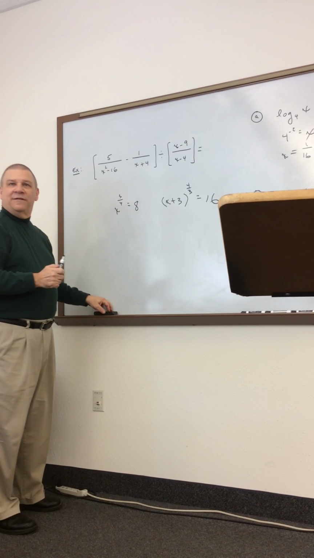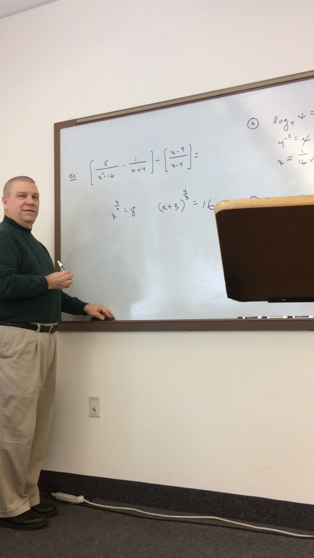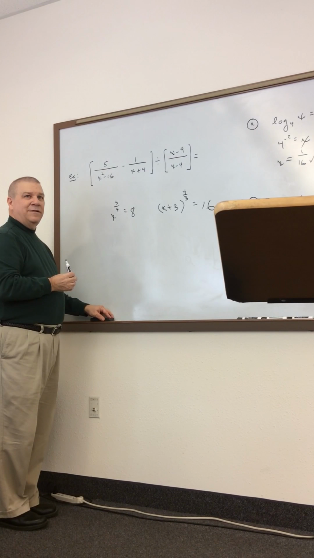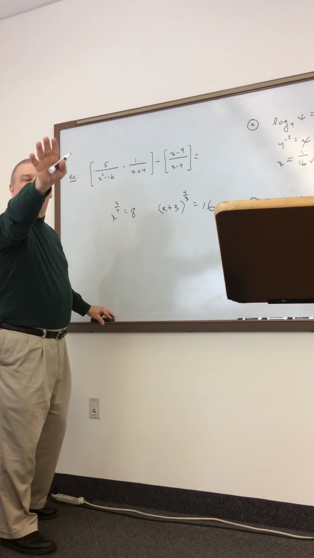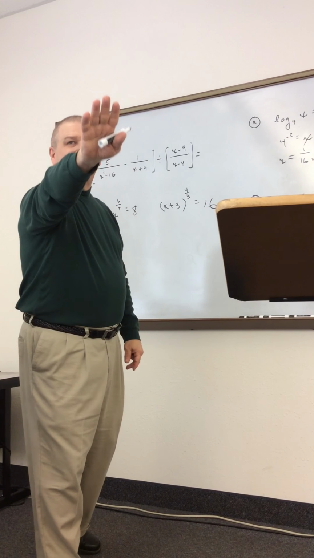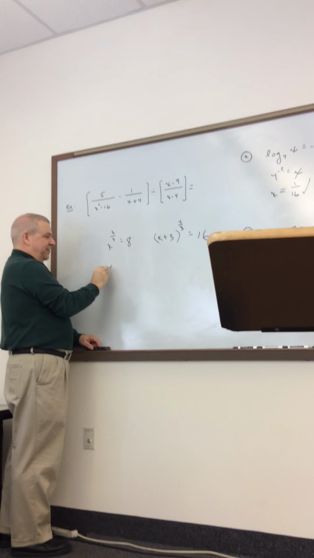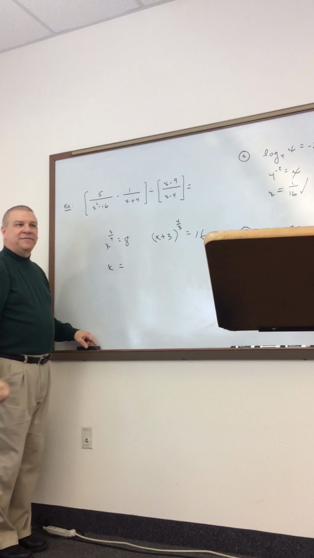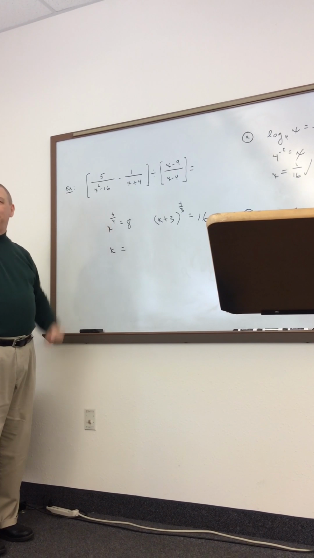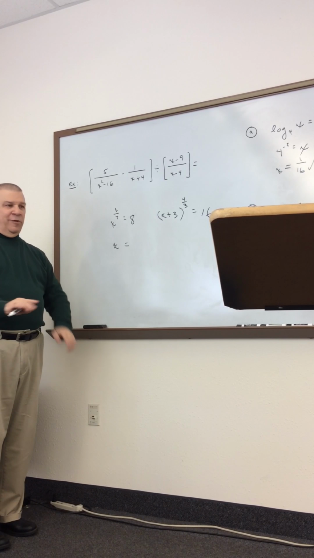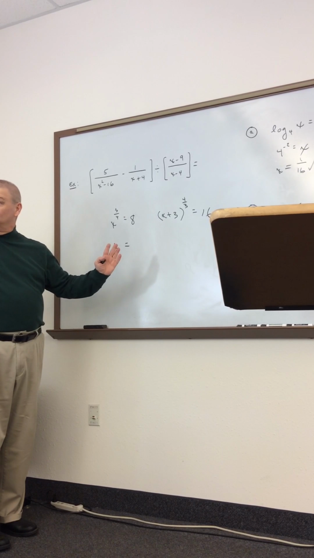So if you set x to the 3/4 to the 4th power and 8 to the 4th power. Take that one step further. How could I go from this to just x? What would I have to raise that side to so it would just be an x, which is what you're looking for?